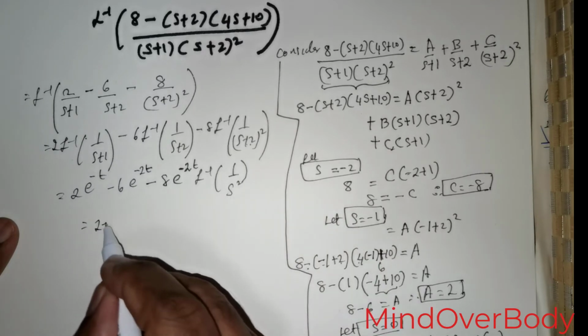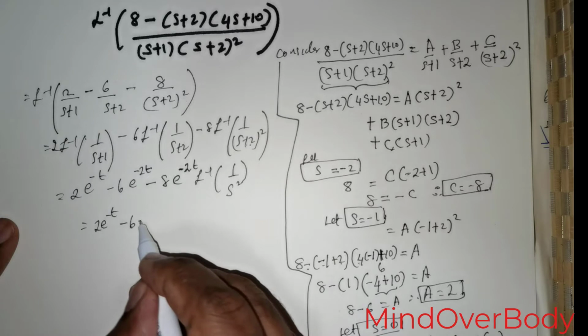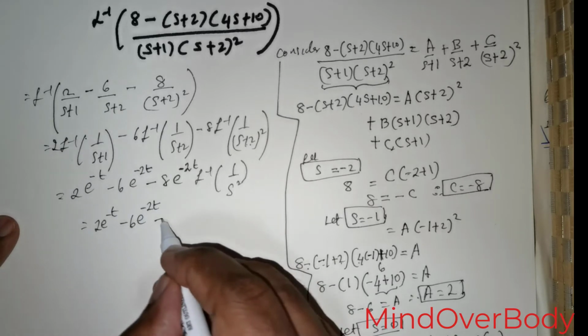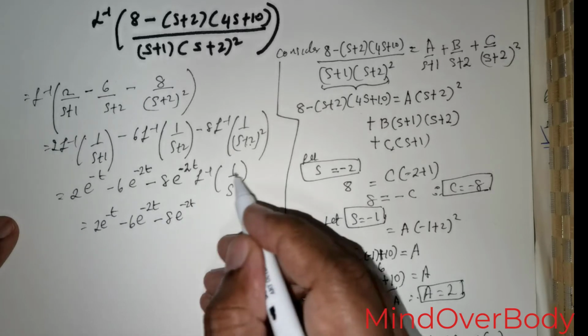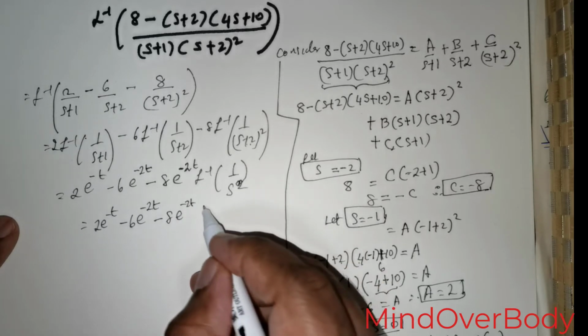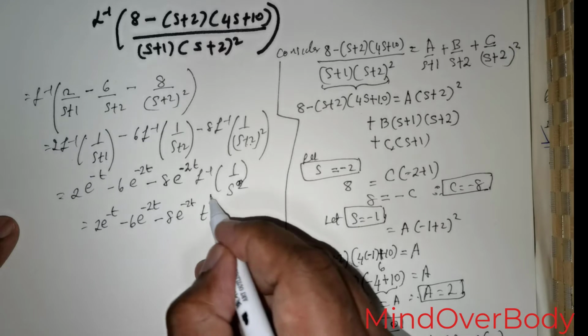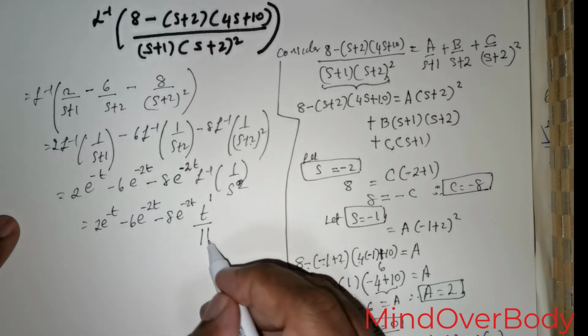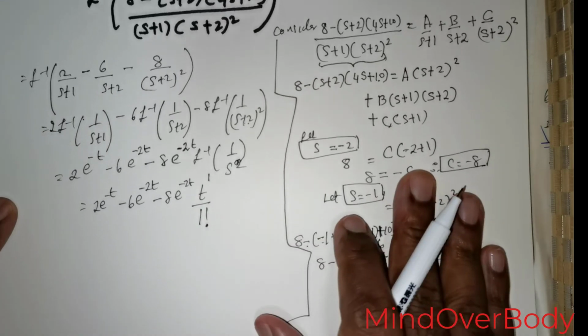So this is going to be 2 times e raised to the power of negative t, minus 6 times e raised to the power of negative 2t, followed by 8 times e raised to the power of negative 2t, and this is S squared. So that means t raised to the power of 2 minus 1, that's going to be 1 factorial, right?